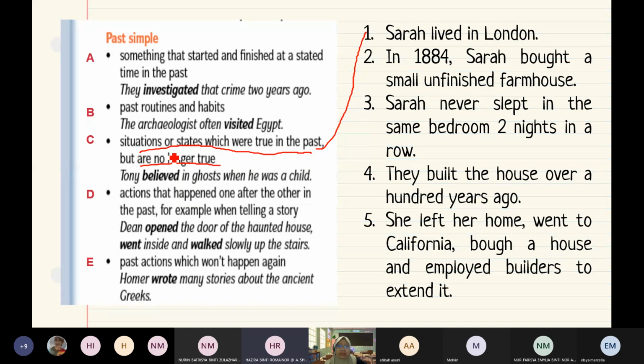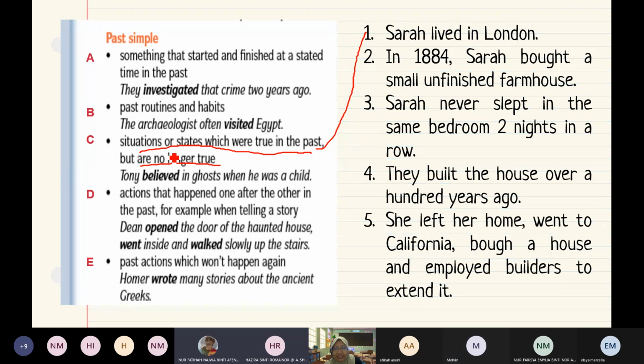In 1884, Sarah bought a small unfinished farmhouse. I cannot hear you well, Atika.